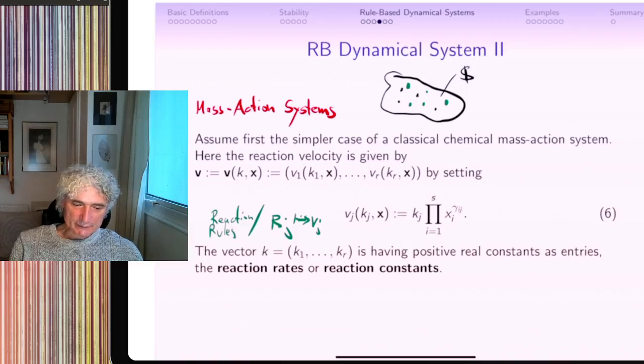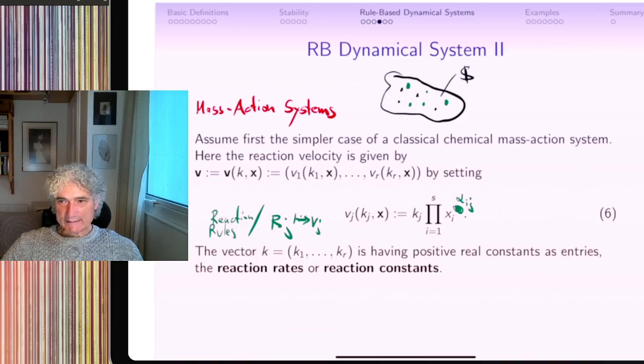Maybe I should actually change the notation here slightly. So instead of gamma ij, actually we did take earlier the notation alpha ij. So we have here the concentration xi to the power alpha ij.